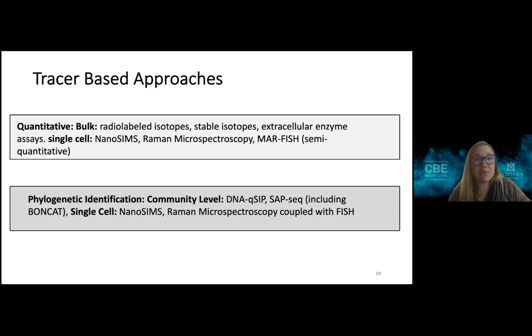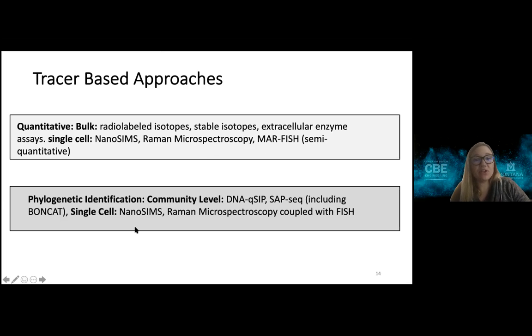Then there's stable isotopes, which can also be bulk. There's extracellular enzyme assays. And then on the single cell level, as I know you guys have heard about, there's nanoSIMS, Raman microspectroscopy, and then MAR-FISH, which can be semi-quantitative. And I would argue that Raman microspectroscopy combined with stable isotopes is also semi-quantitative.